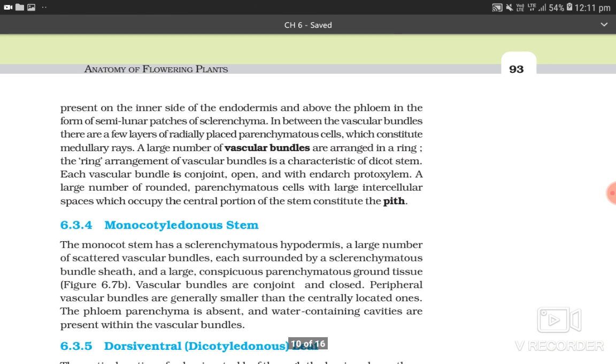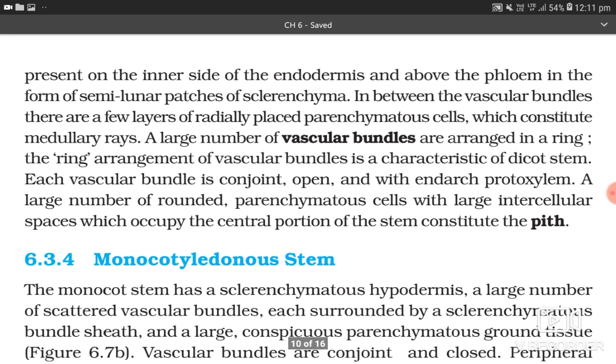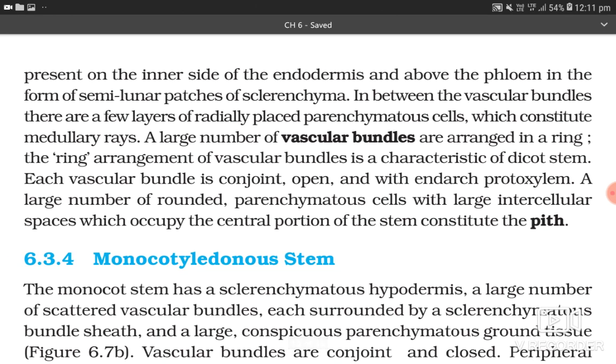is present on the inner side of the endodermis and above the phloem in the form of semilunar patches of sclerenchyma. In between the vascular bundles, there are a few layers of radially placed parenchymatous cells which constitute the medullary rays. A large number of vascular bundles are arranged in a ring.